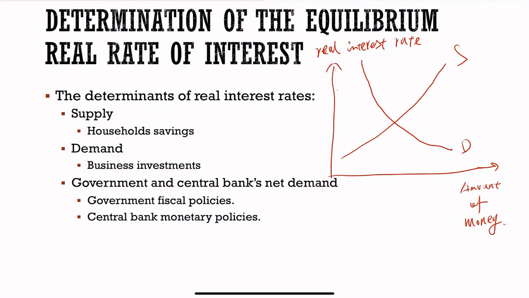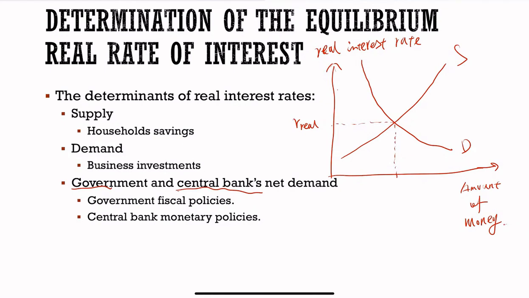And then you can see that this will determine an equilibrium. So this will determine the real interest rate. Of course, in reality, we have some third parties, right? We have government, we have central bank. And central bank and government can both modify these supply curve and demand curve.